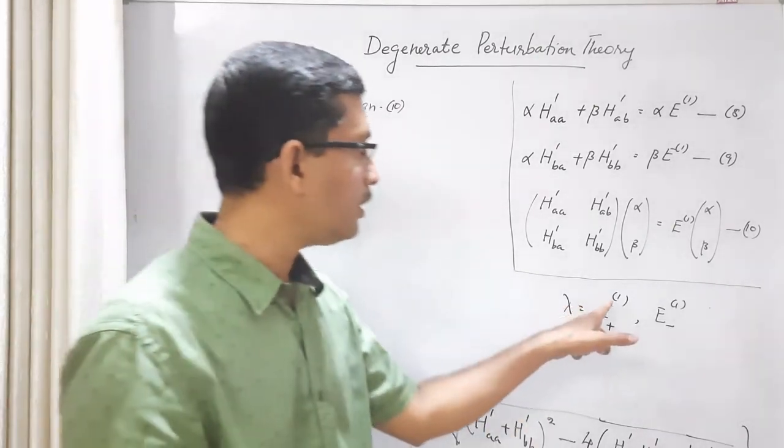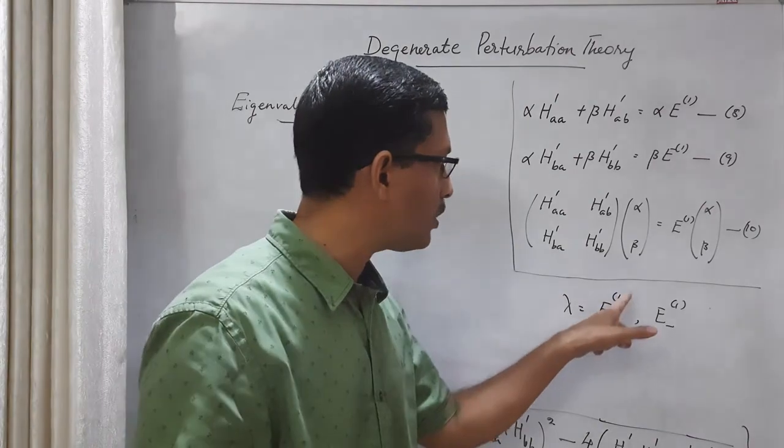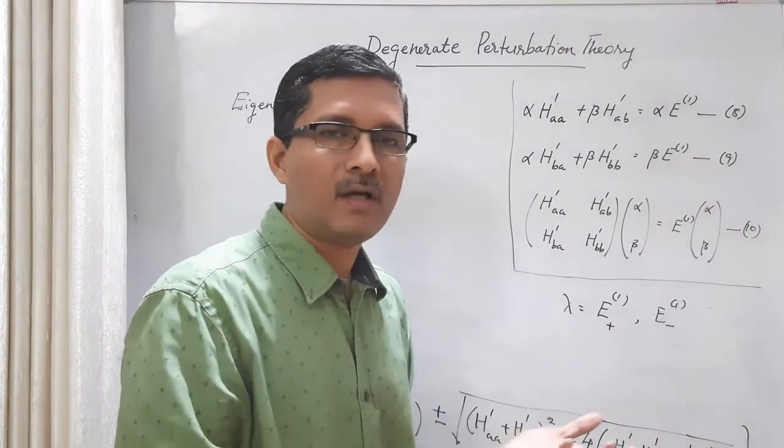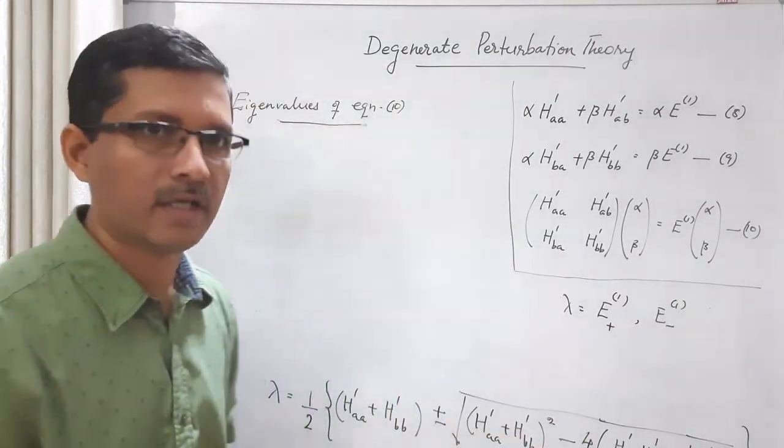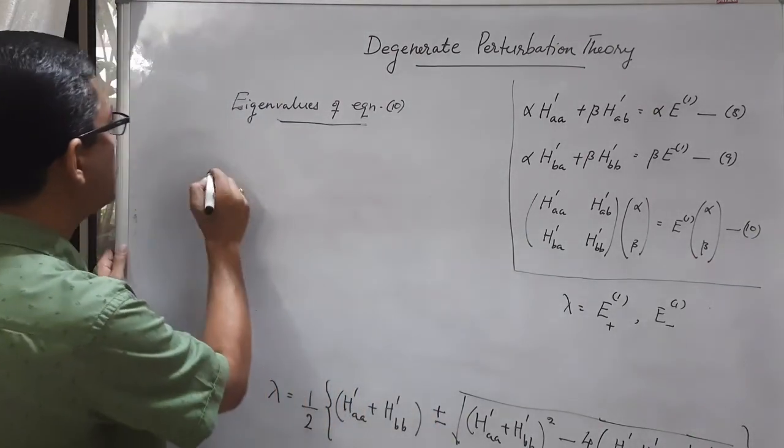And why do I put superscript 1? Because what we ultimately get is the first order correction in energy. So what are the two values?